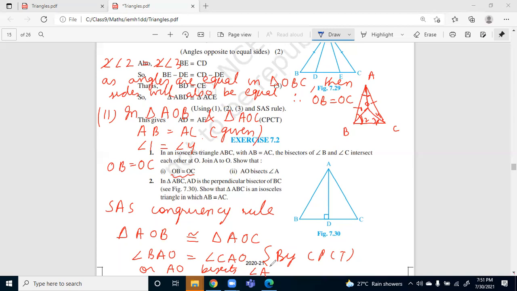Leona, this whole chapter, triangles, is coming in your test. Then you have an idea of the syllabus of your school.